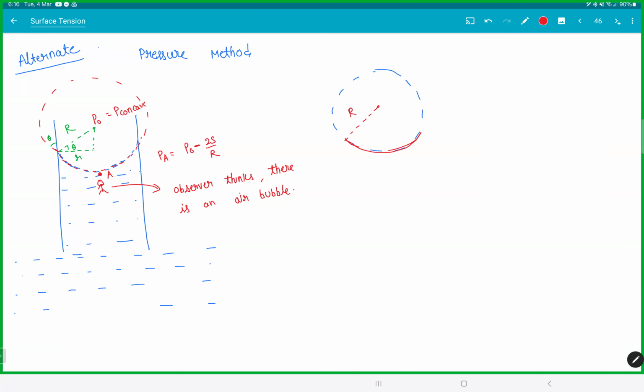This is capital R. That is the radius of curvature. In the exam they can ask you this: find the radius of curvature. People will get confused with the radius of the pipe. This is the radius of curvature of the surface of the meniscus, whereas this thing, small r, is the radius of the capillary. Both are not the same.